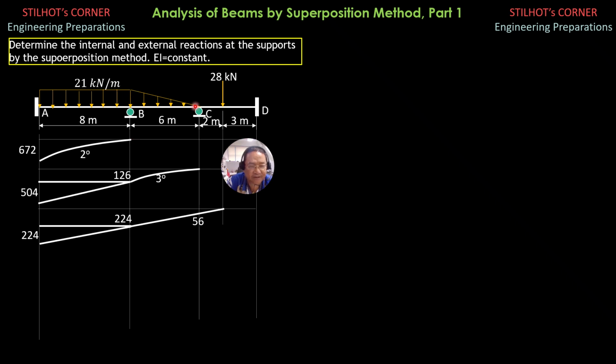For this triangular loading, we have 1/2 of 6 times 21 times 2, so 126 here. Then we imagine a concentrated load of 1/2 of 6 times 21, 63, and a couple of 126 kilonewton meter.